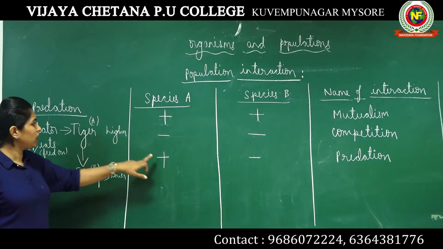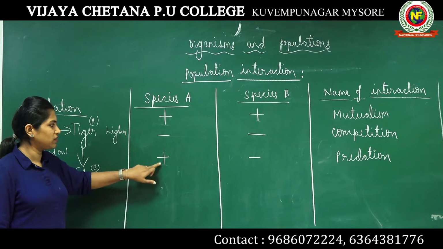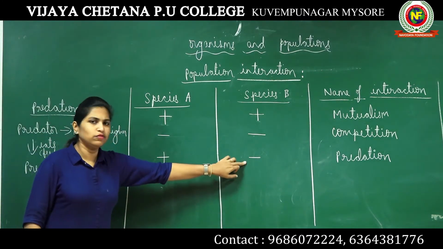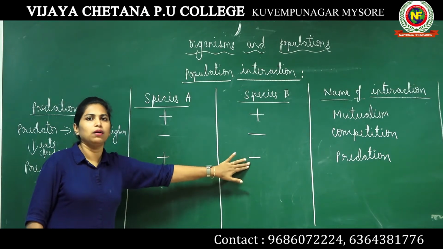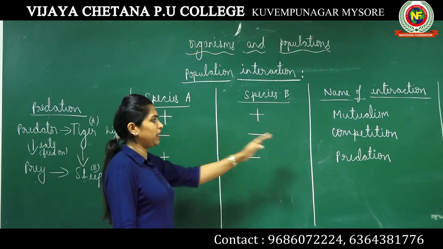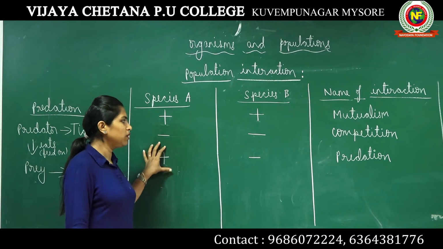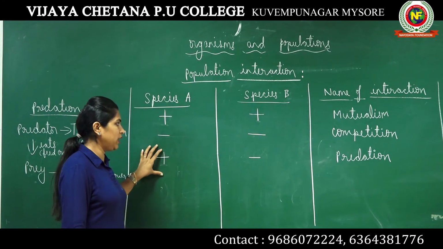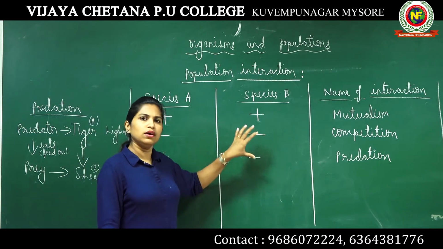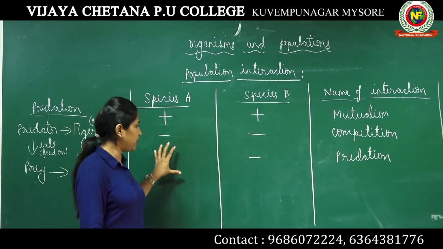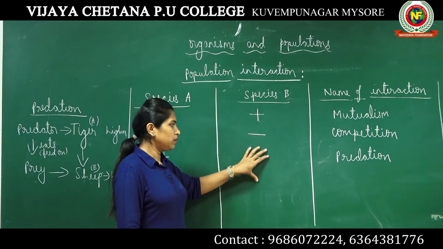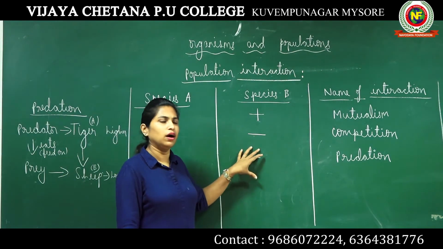So, tiger we can represent with a plus symbol because it is being benefited. Sheep can be represented with a negative symbol because it is being harmed. So, in predation, one organism eats the other organism, or in other words, a predator eats the prey. Predator is positively benefited whereas prey is negatively harmed.